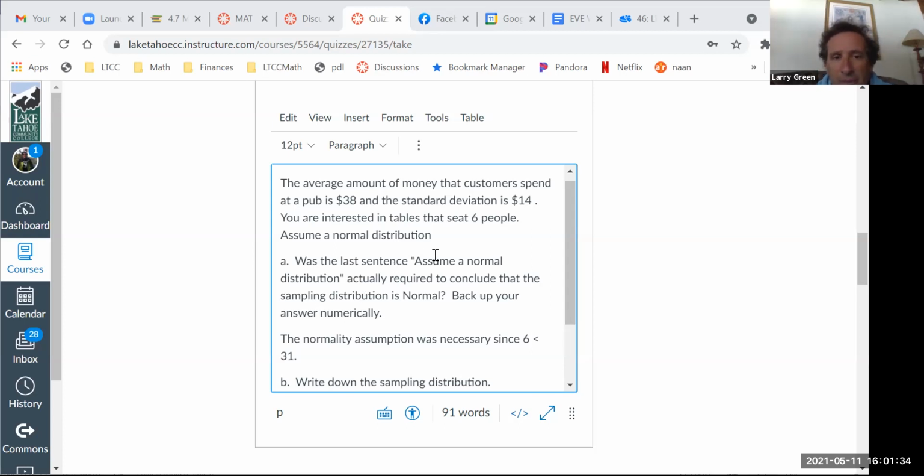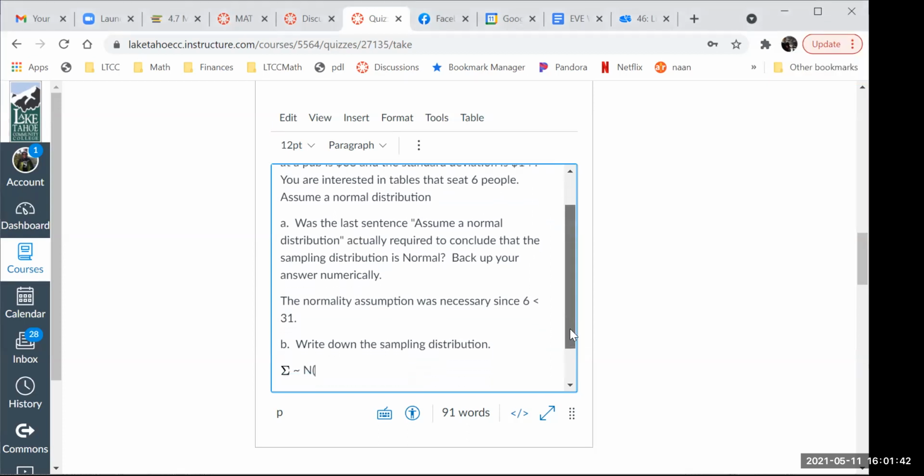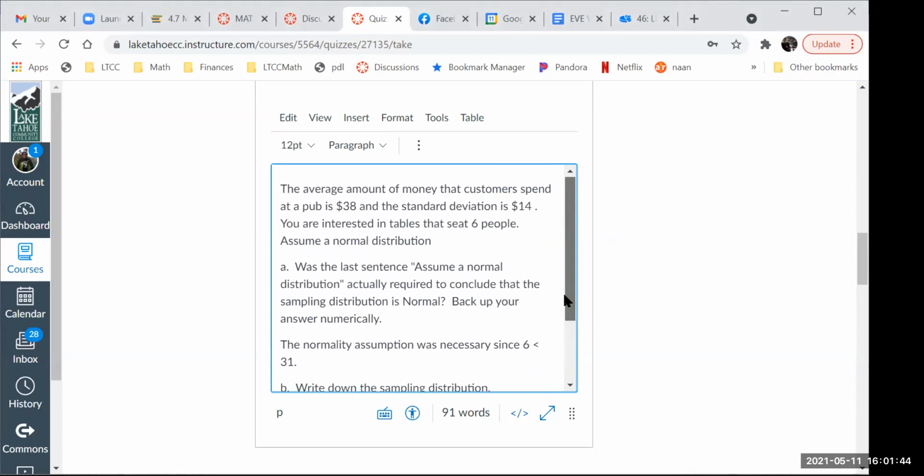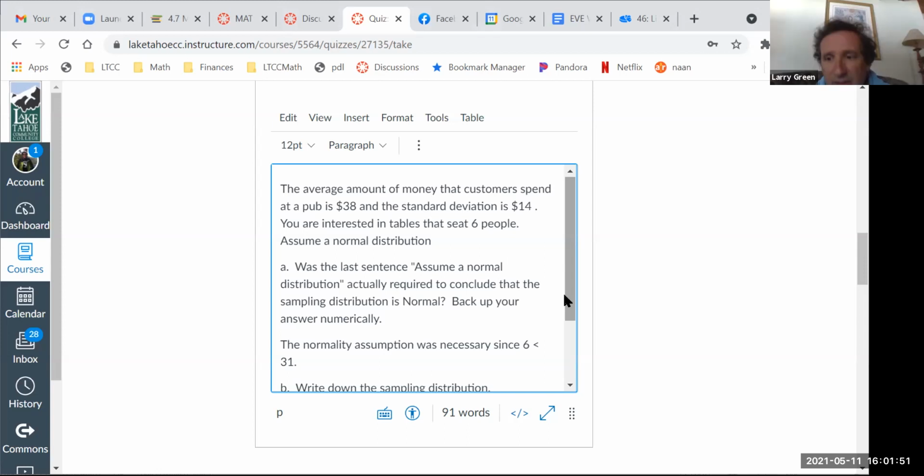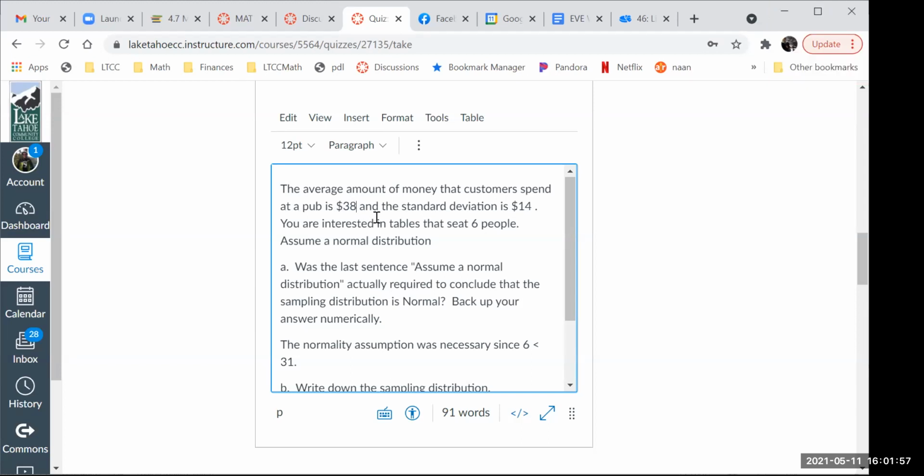So anyone remember what the central limit theorem says for totals in terms of the mean? The mean is the original mean times the sample size. Yes, it's the original mean times the sample size. The original mean is 38 because it was given, and the sample size is 6.